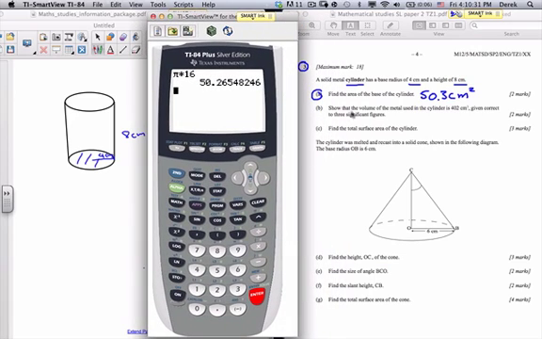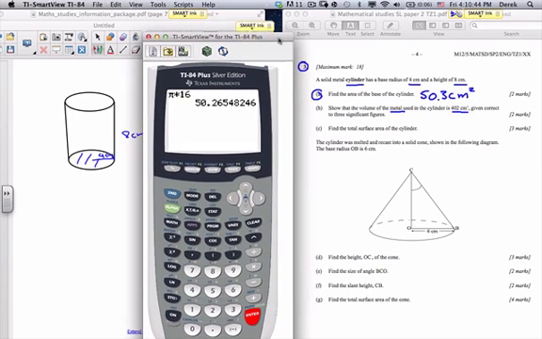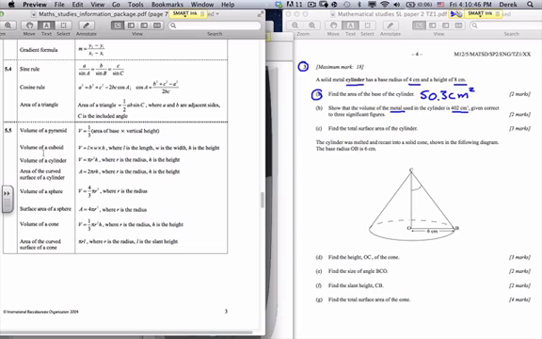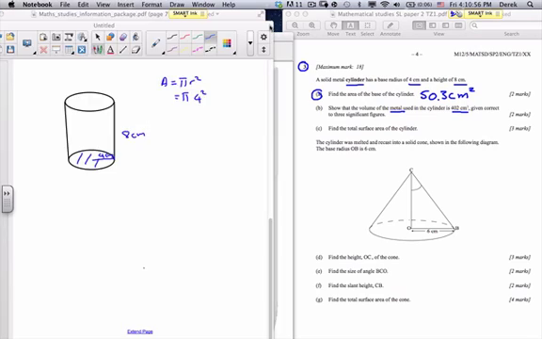So we've got that. Then it says show that the volume of the metal used in the cylinder is 402 centimeters cubed, given correct to 3 significant figures. Now our formulas are given in our data booklet, and we actually have the volume of our cylinder here. The volume is equal to pi r squared times our height.